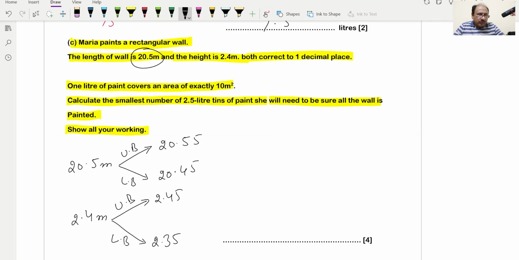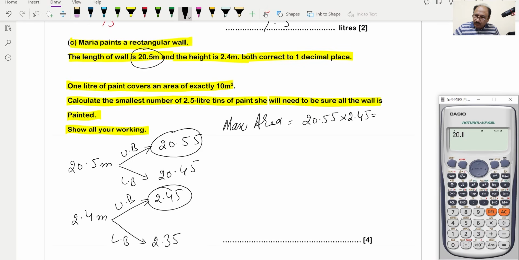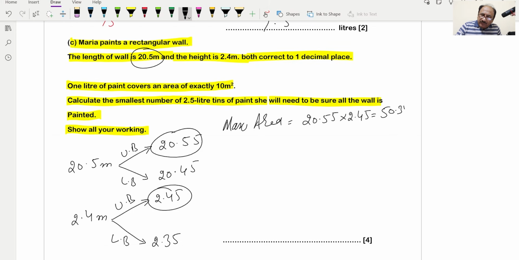Now to calculate the maximum possible area, we multiply the upper bound of length by the upper bound of width. 20.55 multiplied by 2.45 will be equal to 50.3475 meters square.